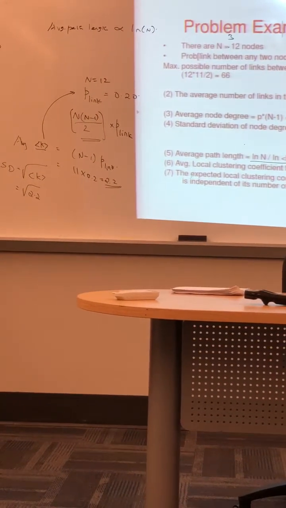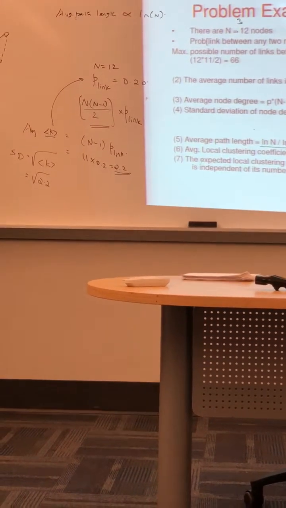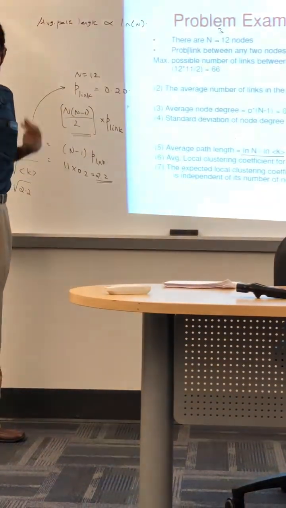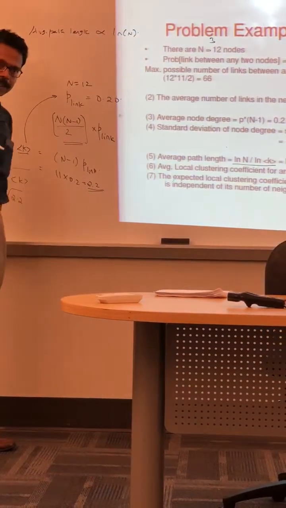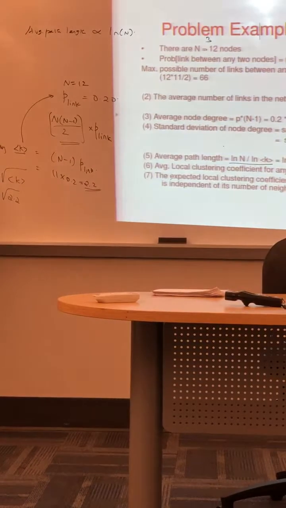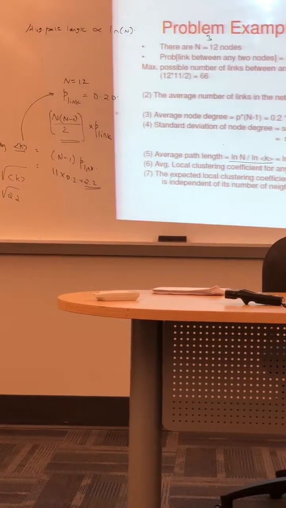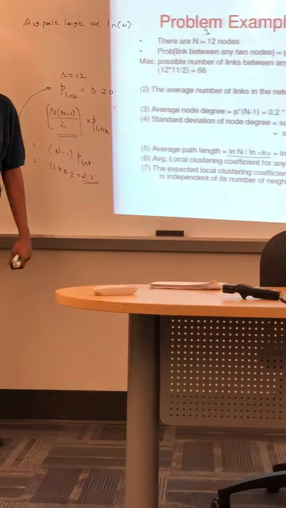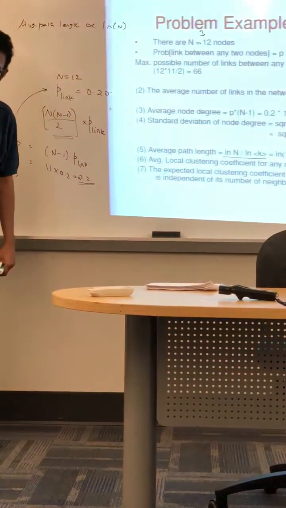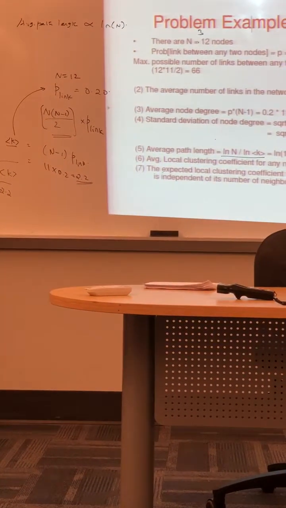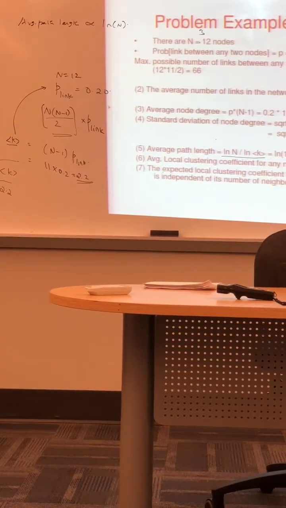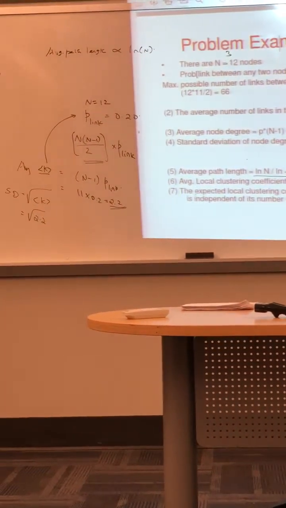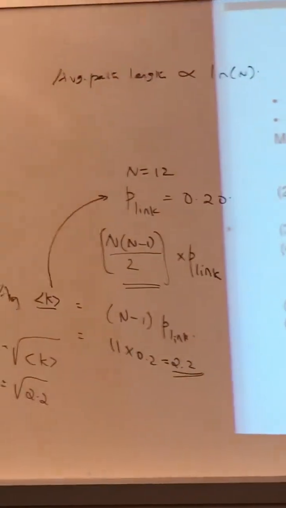If your network has n vertices, but the average path length between any two vertices is log n, log n is much smaller than n. So if n is even a million, log of a million is going to be a very small number, 10, 12, and so on. Such a network is said to exhibit a small world property. So small world means you can reach between any two nodes within 10 edges, or the path length. That's what it is.